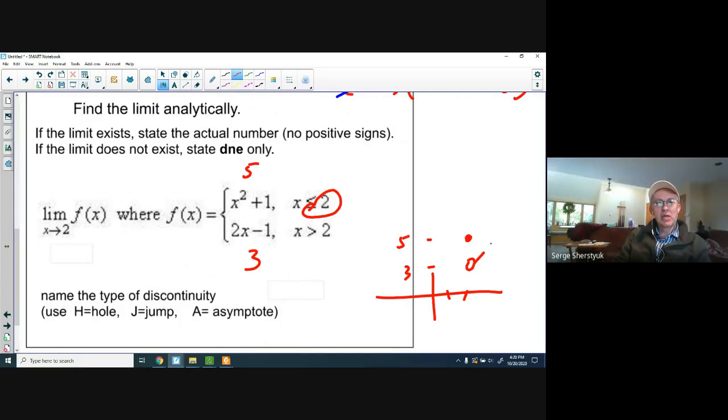And this is a parabola like this. So you could actually graph this out, kind of like this. And there's clearly a jump discontinuity. So what?